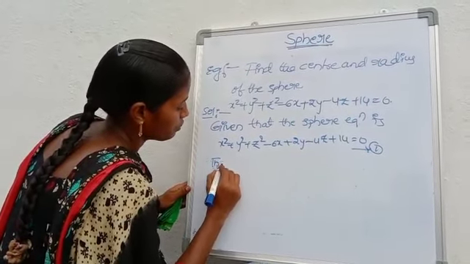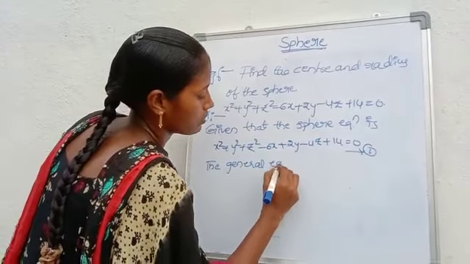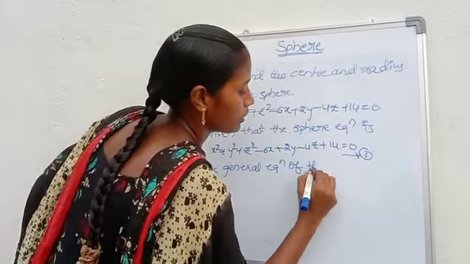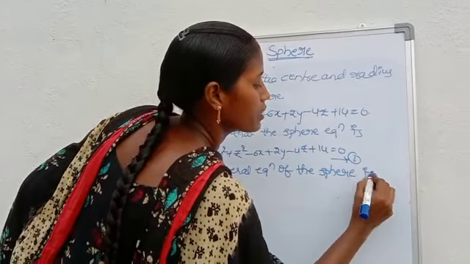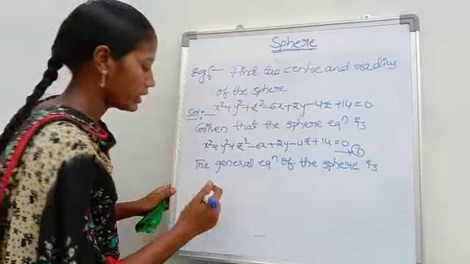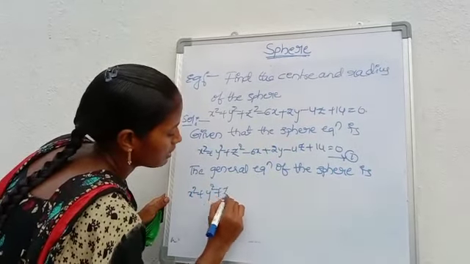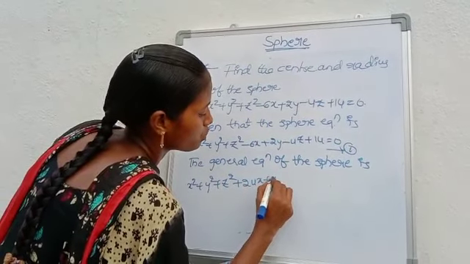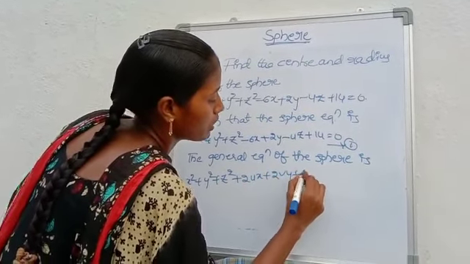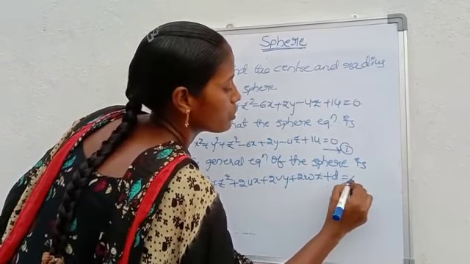The general equation of the sphere, we know, is x square plus y square plus z square plus 2ux plus 2vy plus 2wz plus d equals 0.